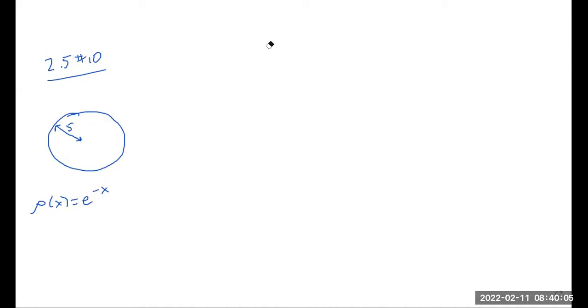I think what they wanted was actually rho of r equals e to the minus r. Because now think about that. Does it matter where our disk is at this point?